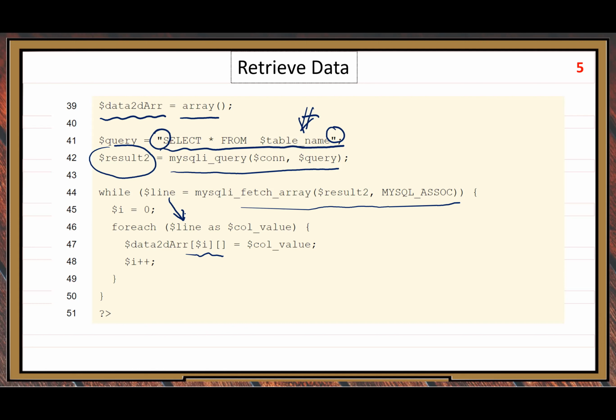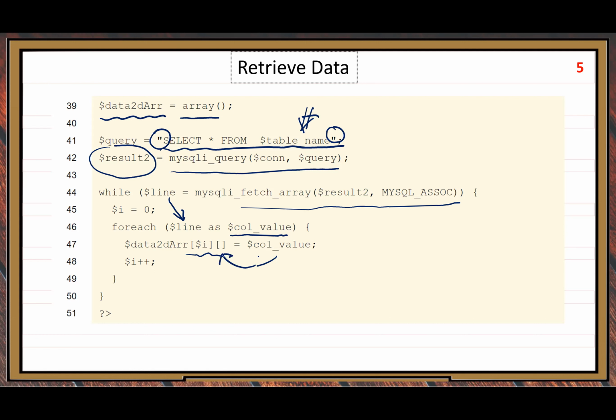So in this for each loop, every time you retrieve one field value, one column value, in this variable. You assign it to this 2D data array, because later we want to display this table data. So we retrieve it in this way.